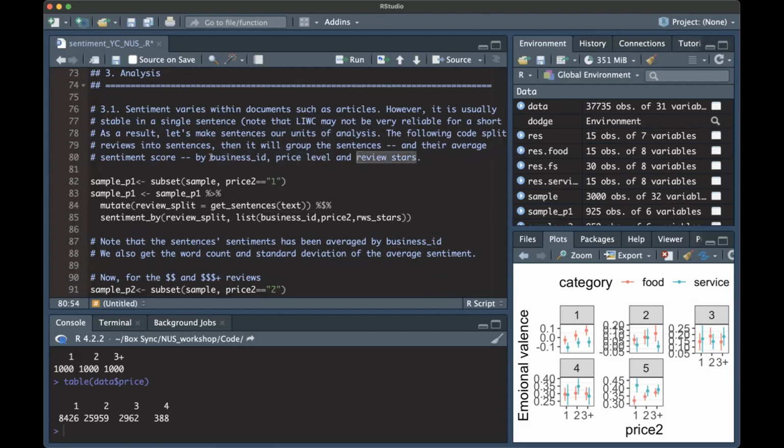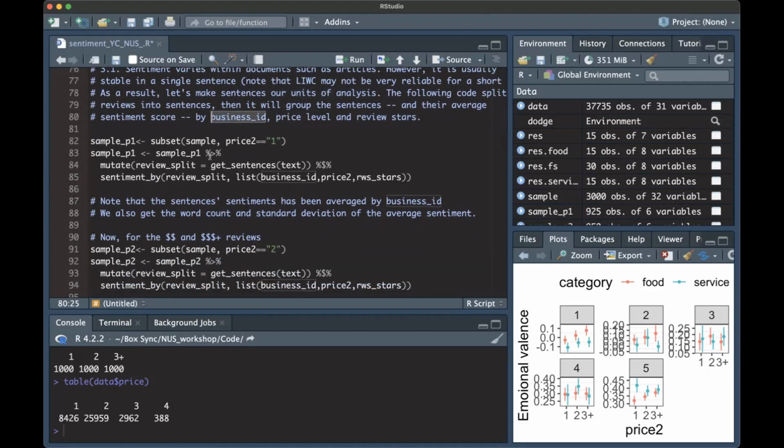Because for this workshop I'm focusing on the restaurants, the merchants, the businesses. That's why I reaggregate them by business ID. But for your own data set, it may be individuals or other institutions or entities.